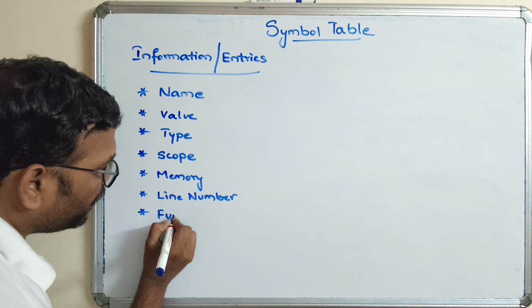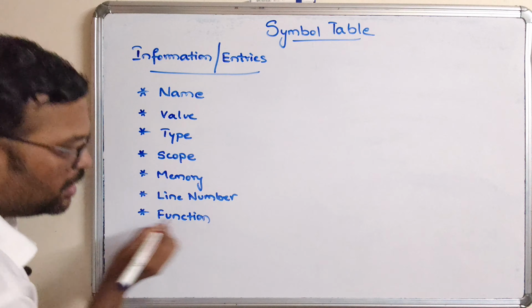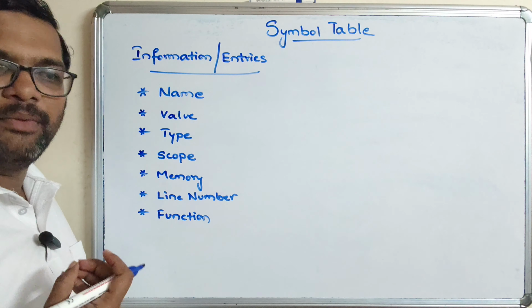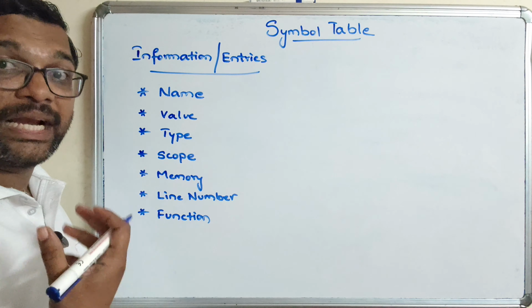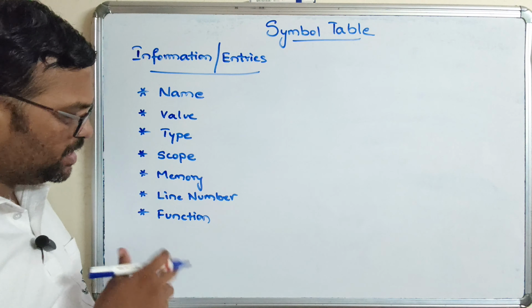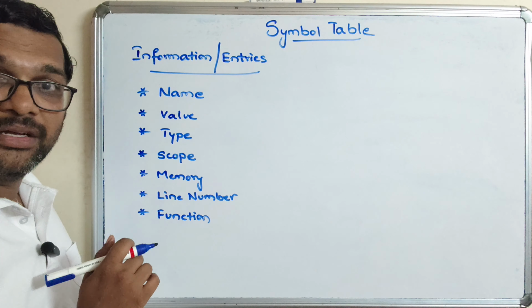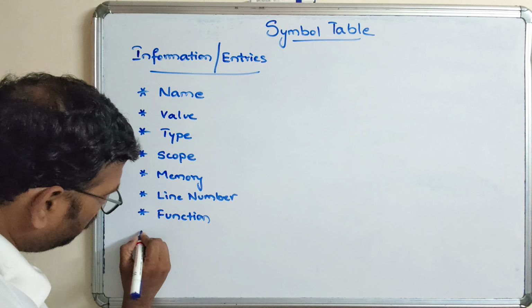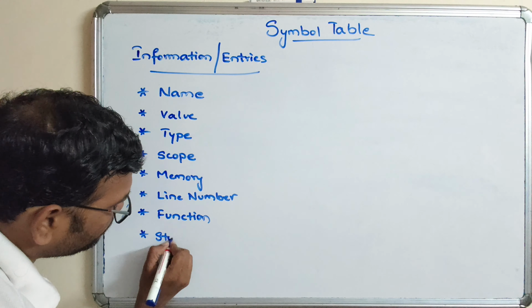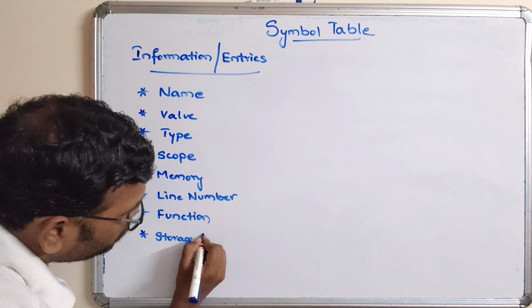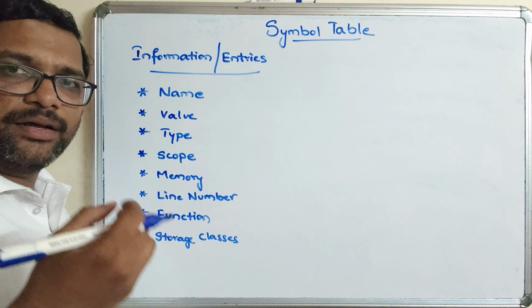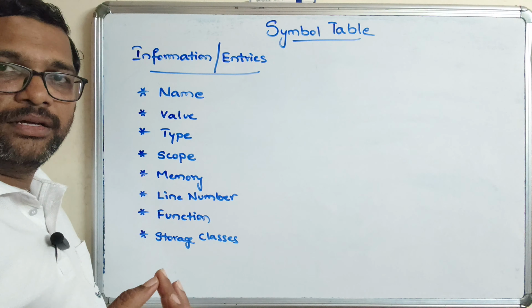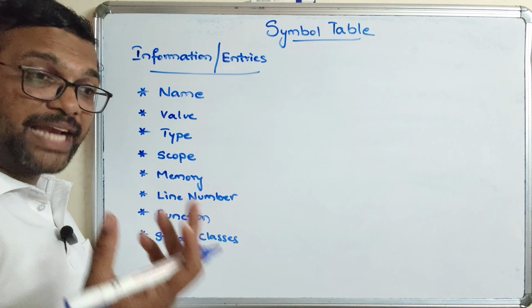And function information. Function information means it will have some parameters, return types, all that information comes under the function. And also storage classes. There are different storage classes like auto, extern, register, static.